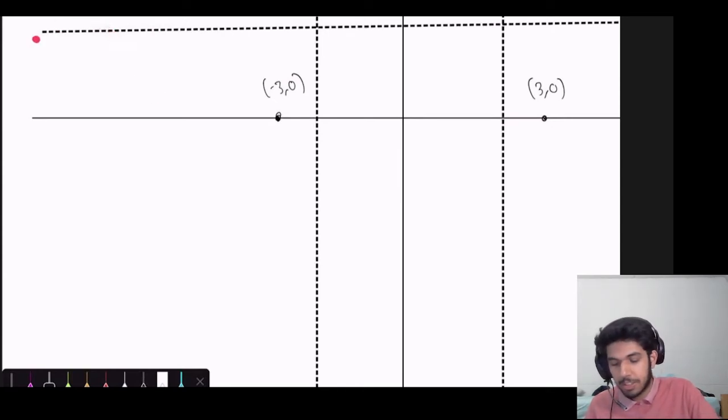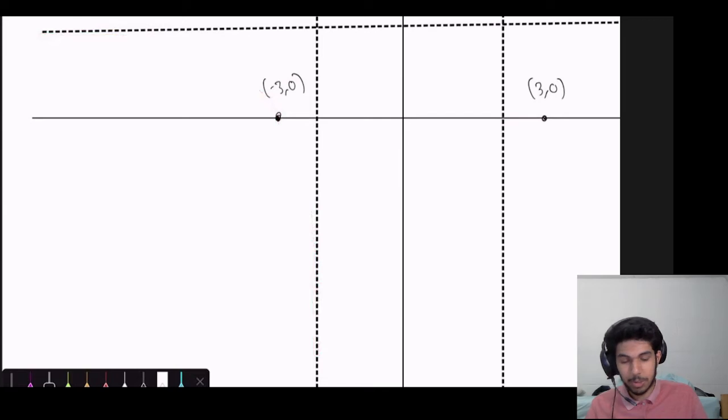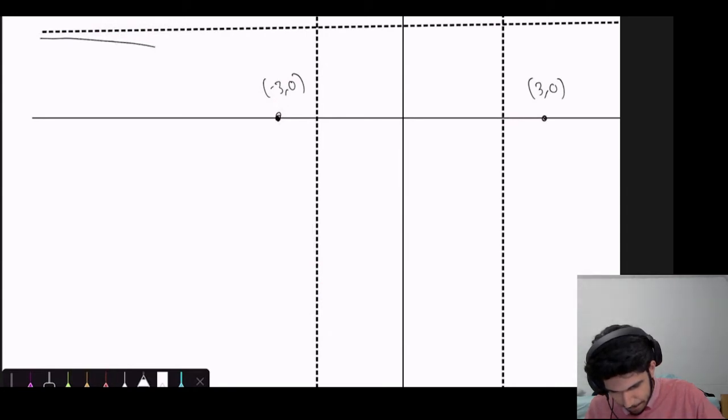So we should start very close to it, and sort of draw that decreasing concave down shape, and then approach this other vertical asymptote. We shouldn't touch it. So I'm going to do my best to draw it, and we're going to see what happens.